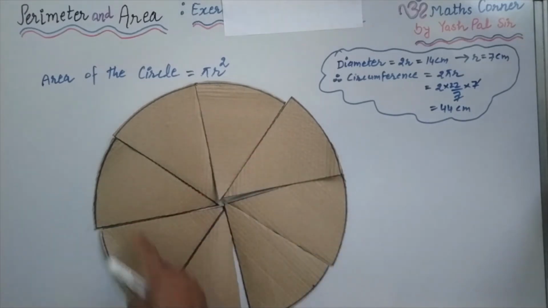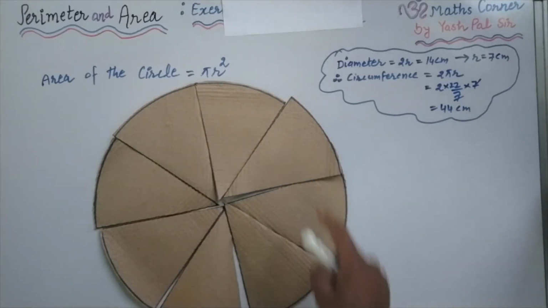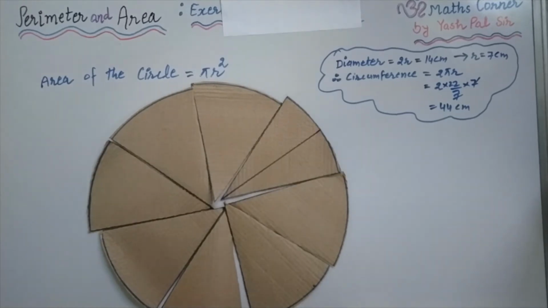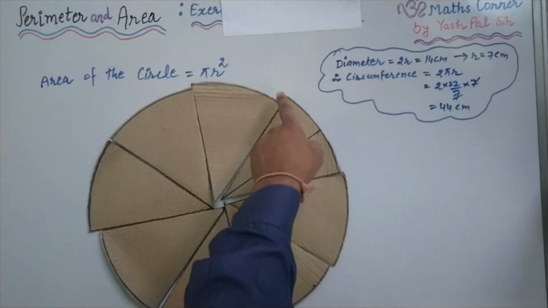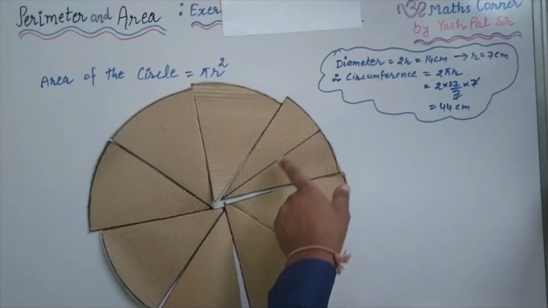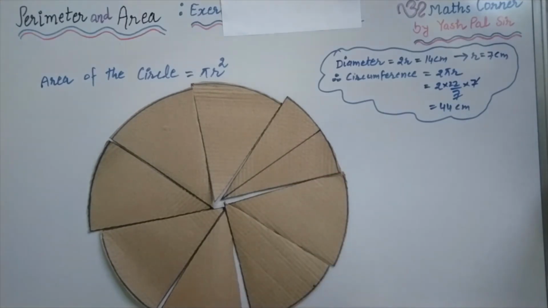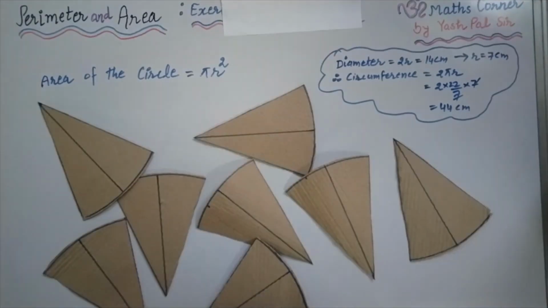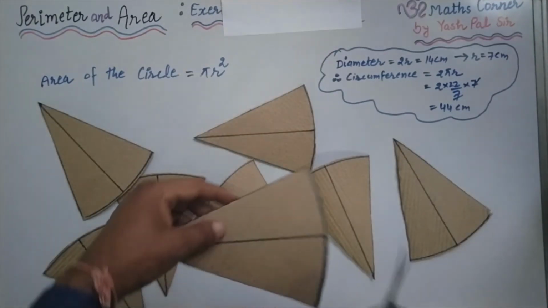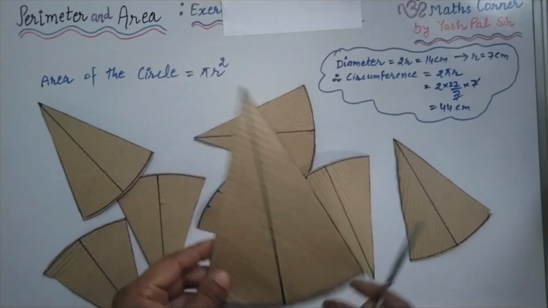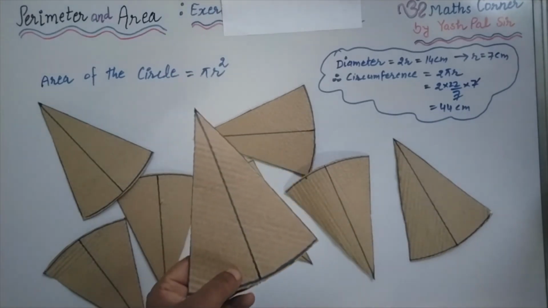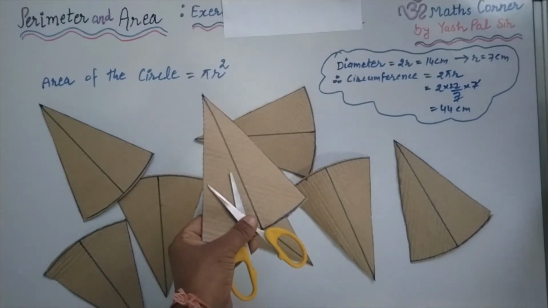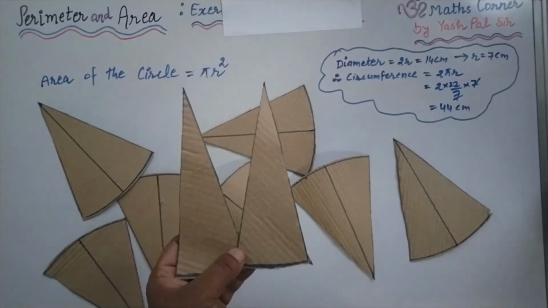Now same process we are going to continue, that is again each sector we are going to divide into 2 equal parts. Let us do this like this. First of all I draw one dividing line. For other sectors also, after drawing the lines, I am again cutting these into 2 equal parts with the help of this scissor.